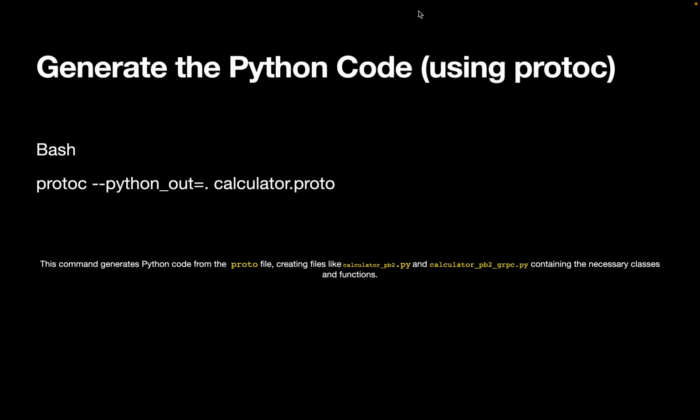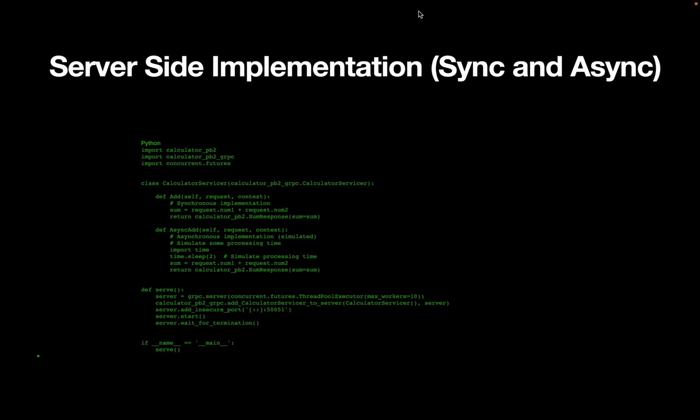In this case, since I created a calculator.proto, it will create calculator_pb2.py for Python, and calculator_pb2_grpc.py that contain all the necessary classes and functions. And then using those self-generated files, you will write some code to create a server.